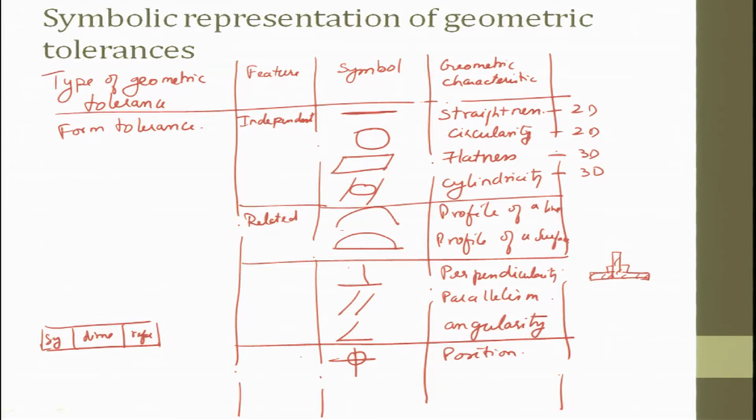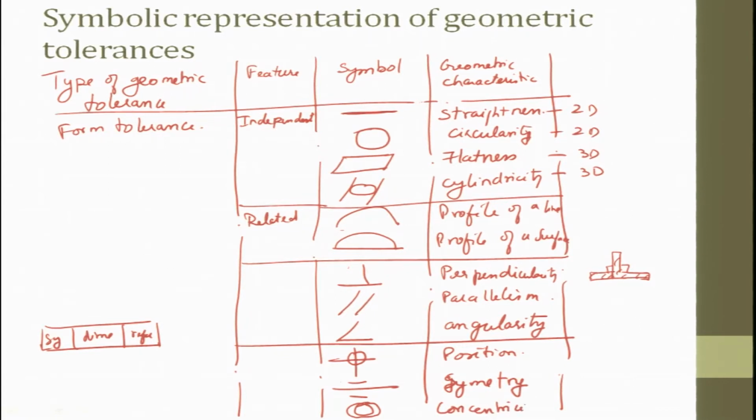They will put the symbol here, then they write the dimension or deviation, and then they also talk about the datum. So, you can have position, you can also have symmetry, then you can have concentricity, 2 circles, this is concentricity.